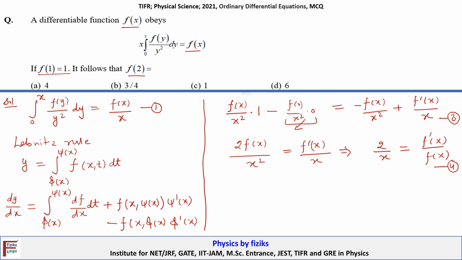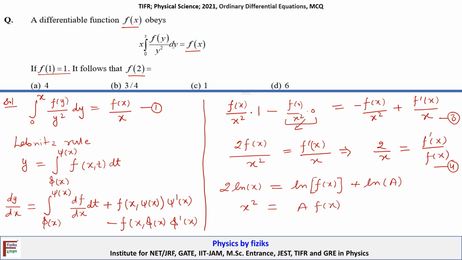Now on integrating on both sides, we can write 2 times ln of x is equal to ln of f(x), and we also add an arbitrary constant, say ln of a. On combining this we can write x square is equal to a times f(x).